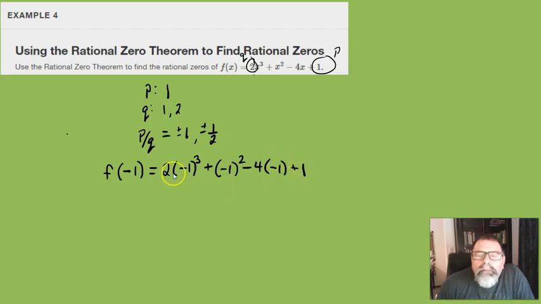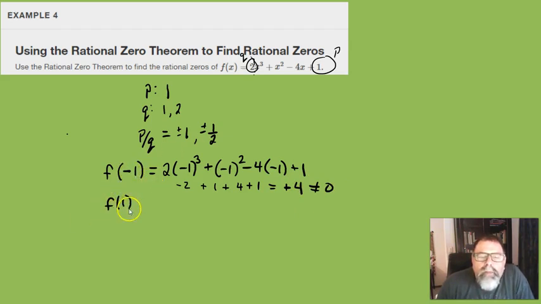So we get negative 2 plus 1 plus 4 plus 1. So that's 6 minus 2, so that'd be positive 4, which is not 0. So negative 1's not a 0.